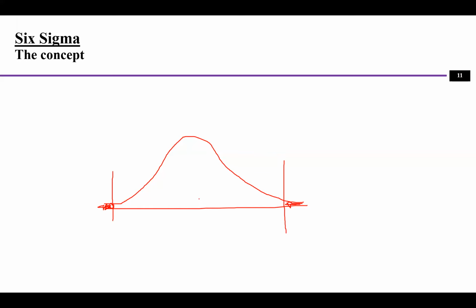And we know that in the middle here is the mean, mu, and here is how many sigmas away from the mean: mu minus n sigma, and mu plus n sigma.